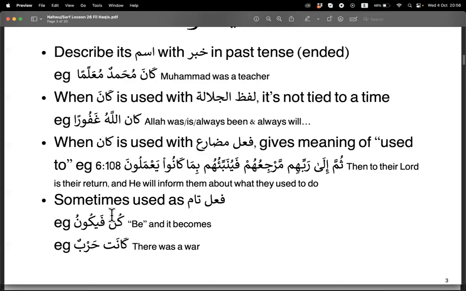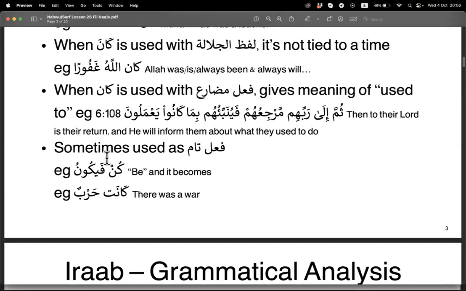So the reason for all that is kun here. So kun is fi'il what? Fi'il amr, and anta is the fa'il. Here we use it as a fi'il tam.